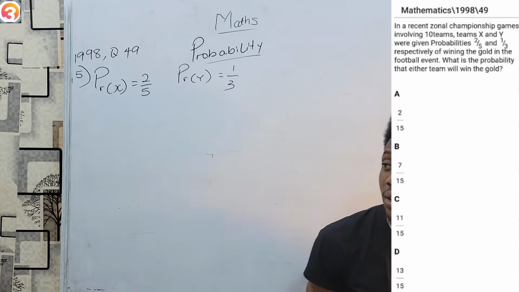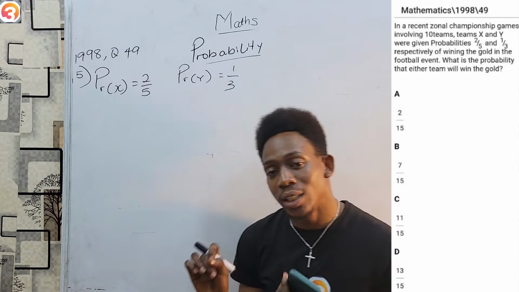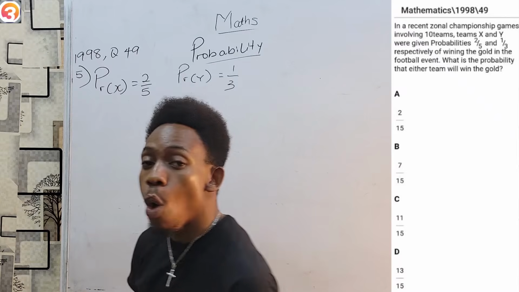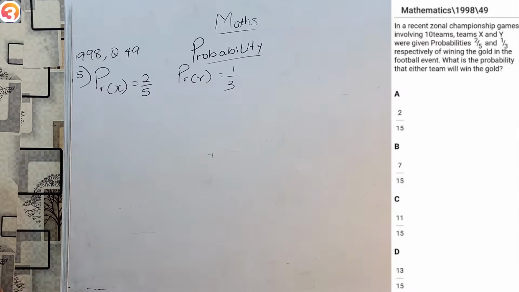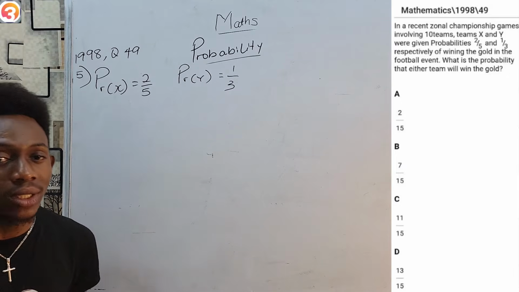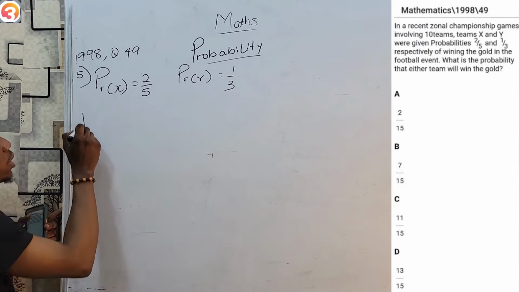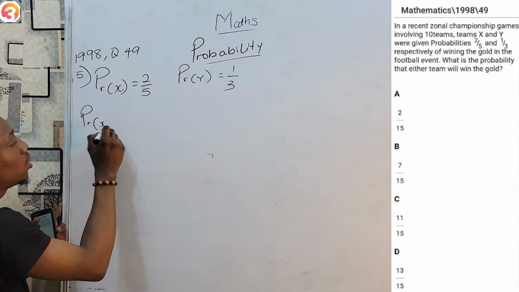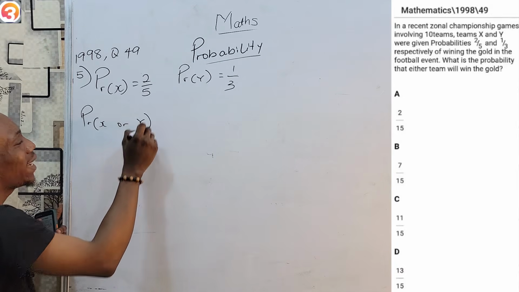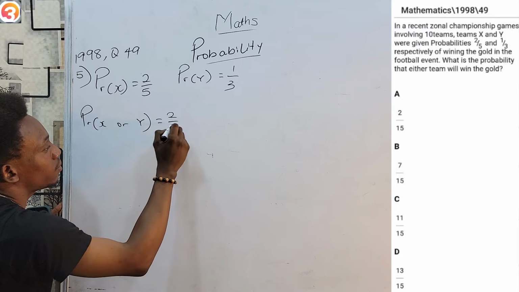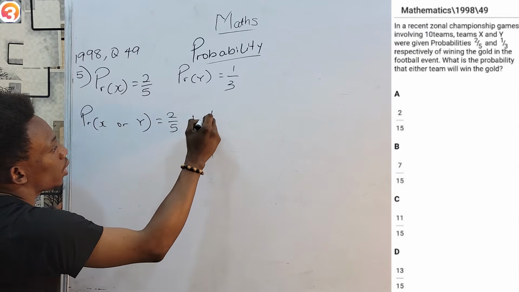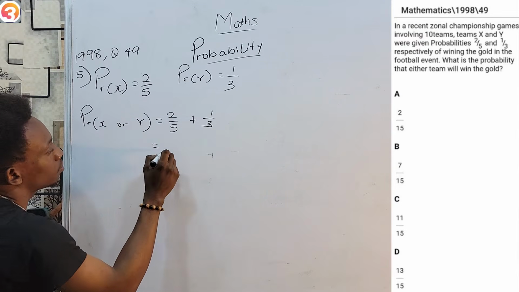Now remember, probability for either, English language, either or. They're asking what's the probability that either X wins or Y wins, which means definitely I'm looking at probability of X or Y. So or, as you are aware, is plus, so that is 2/5 plus 1/3.